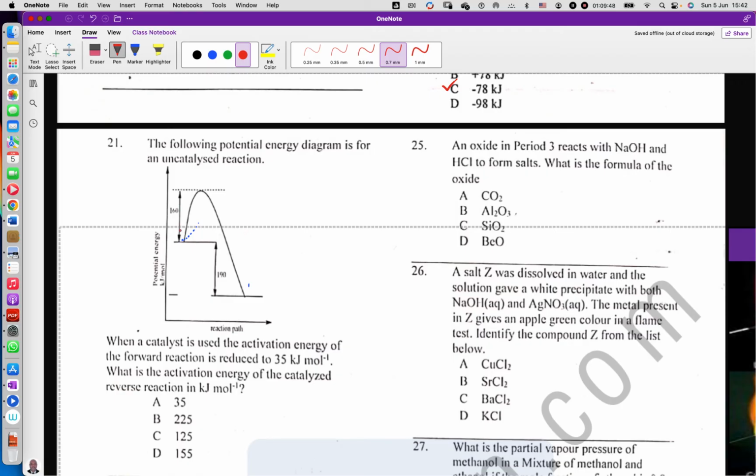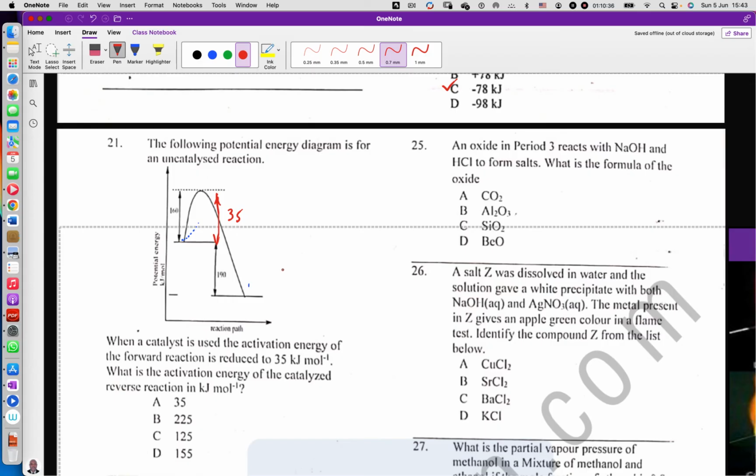If the forward reaction is reduced to 35 when a catalyst is used, this will be 35.